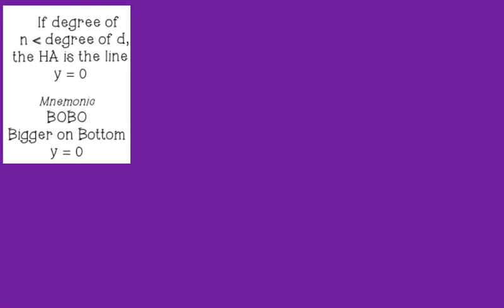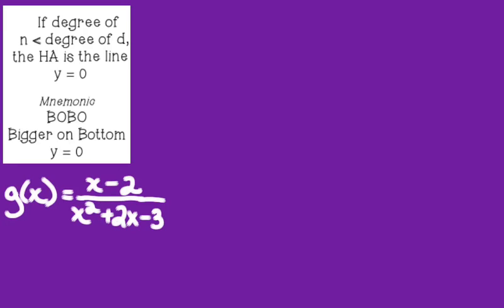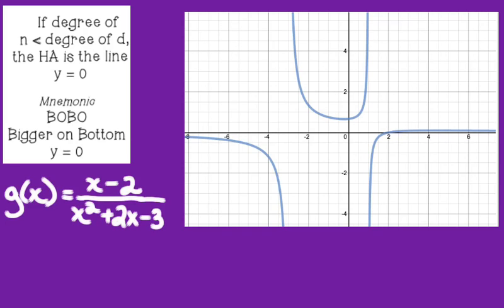If the degree of the numerator is less than the degree of the denominator, so here's an example. The degree of the numerator is 1, the degree of the denominator is 2, then the horizontal asymptote is going to be at y equals 0. Now something really interesting happens here. There's the horizontal line, y equals 0.